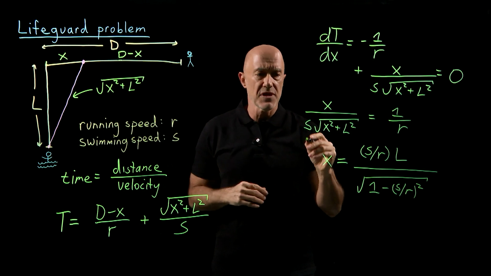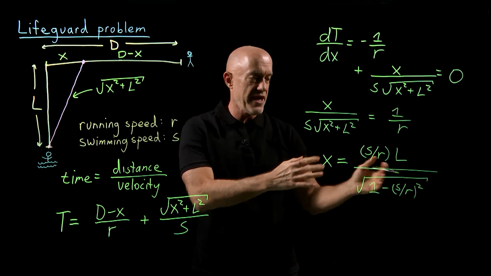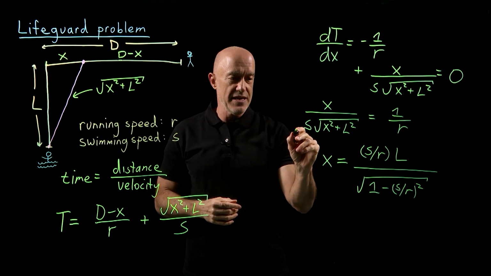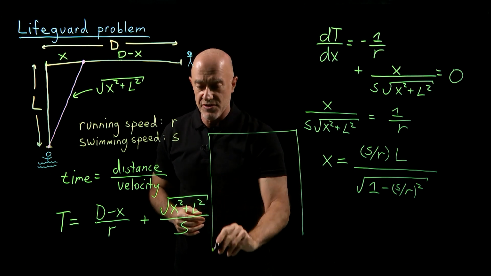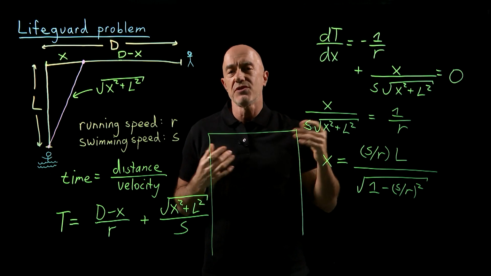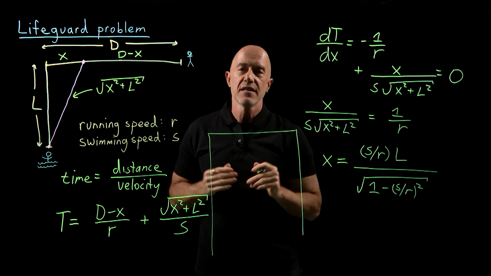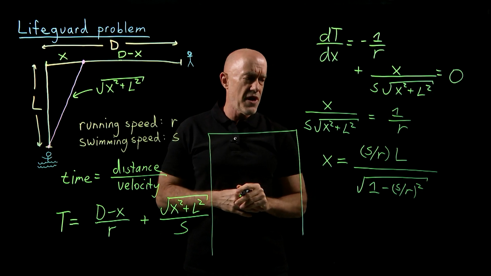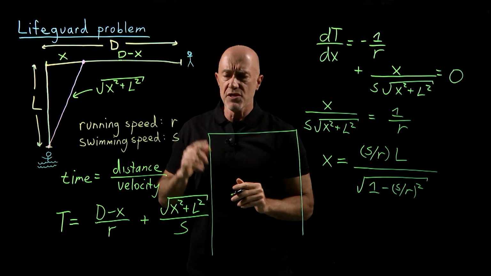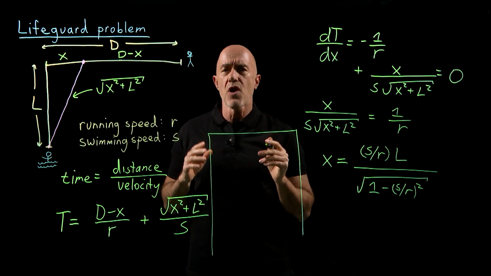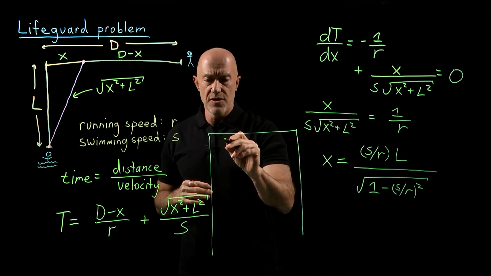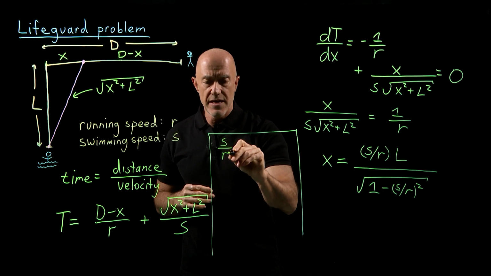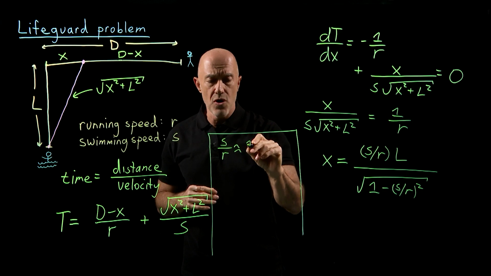So let's help the lifeguard. The lifeguard is not going to calculate square roots in his head before he starts trying to rescue the swimmer. So let's give what's called a heuristic to the lifeguard. Let's give the lifeguard a rule of thumb here. So if you're a good swimmer, then you usually run 4 times as fast as you can swim. So this s over r is about a quarter.